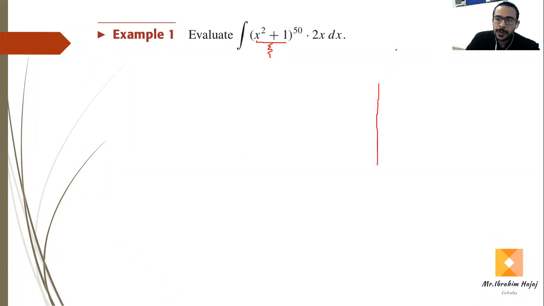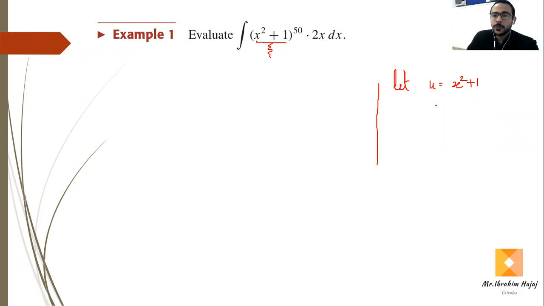So here I will let u equal x squared plus 1. The problem here is that we have x squared plus 1 raised to a power of n, so always let what is inside the parentheses raised to the power of n be u.